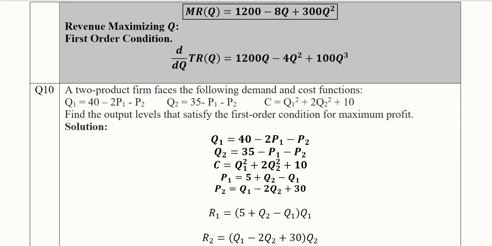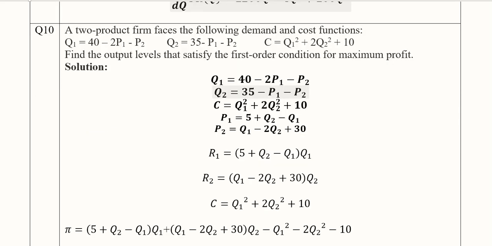Now we list down all of these, and then we can try to find out the maximum profit. Here we are given two demand functions and the cost function. From these two demand functions, we have extracted the values of P1 and P2, which will allow us to find out the revenues, because in order to find the profit, we need cost, but we also need revenues. So for that, we extracted the value of P1 and P2. For that, we equated these two P2s, and we got the equation for P1.